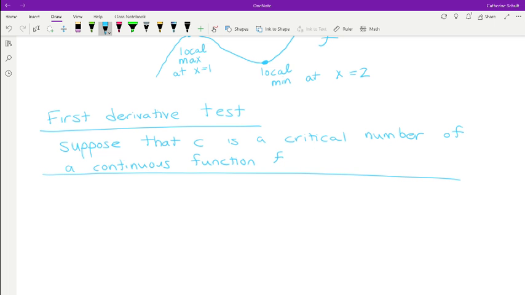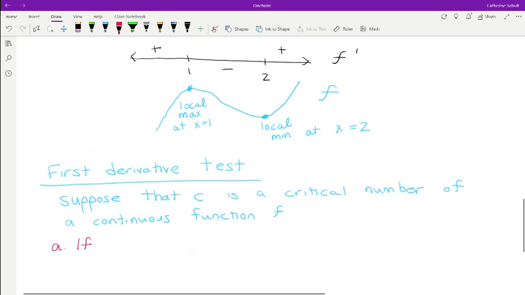That's the criteria, and that's what we just did. We found all the critical numbers of a function f. So it's in 3 parts. So if the derivative changes from positive to negative at that critical value, it's a local maximum.